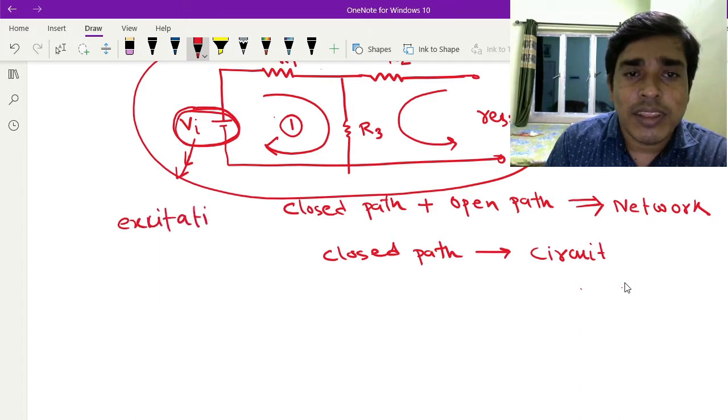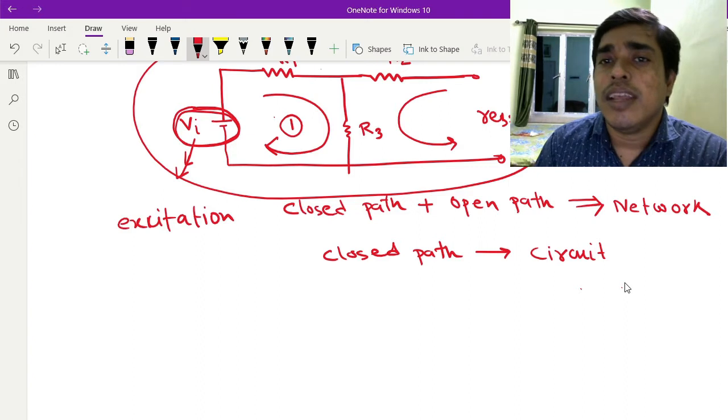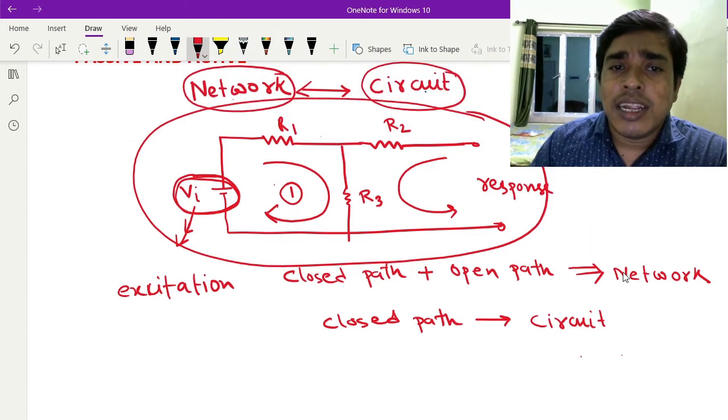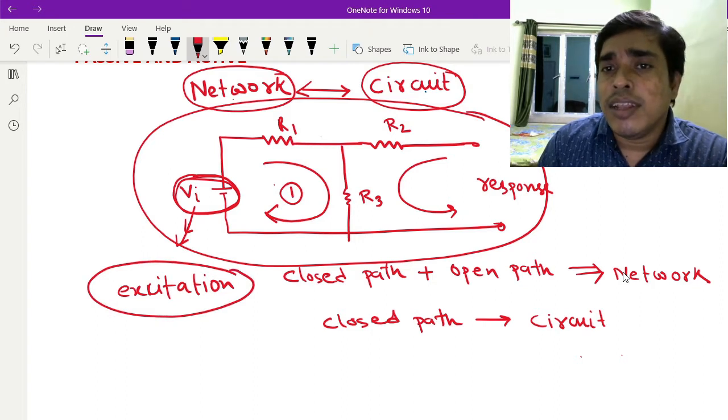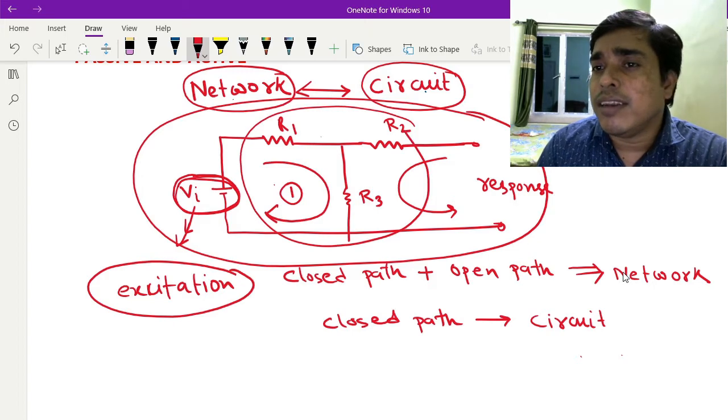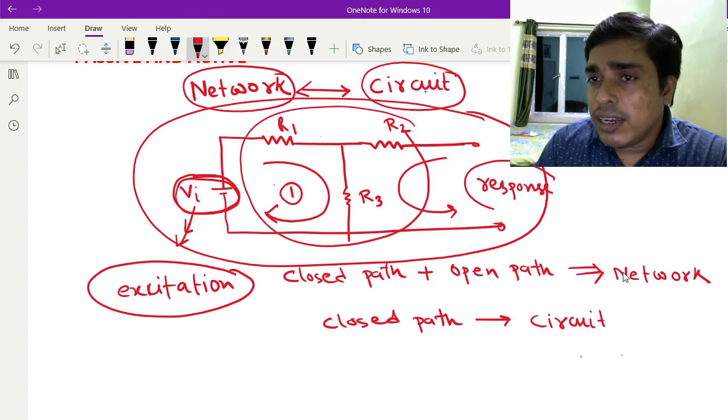For a specific excitation and a fixed network, we can get a response.